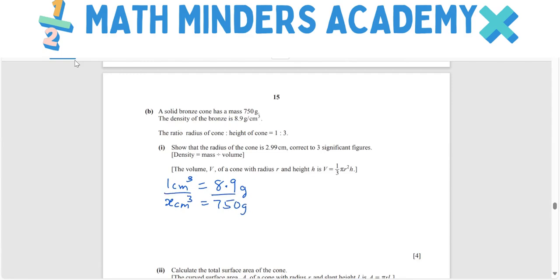So when we make S the subject here under cross multiplication, we are going to have 8.9x equals 750. So S is going to be 750 over 8.9.